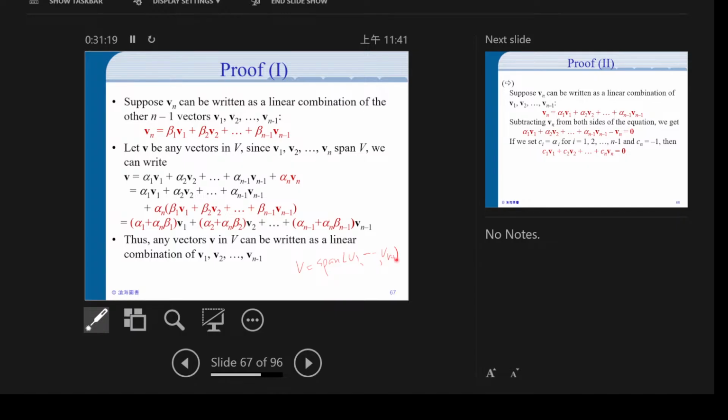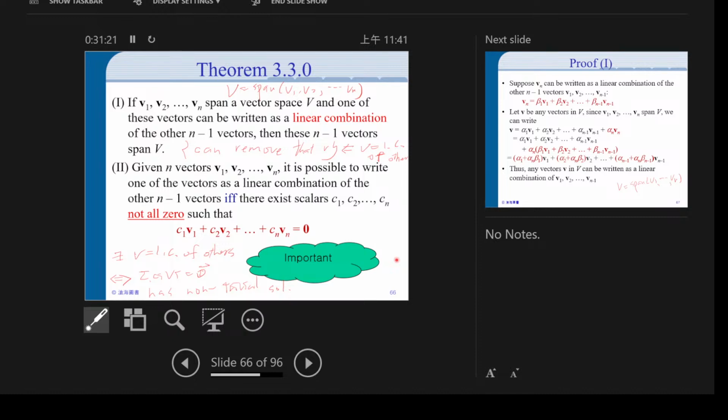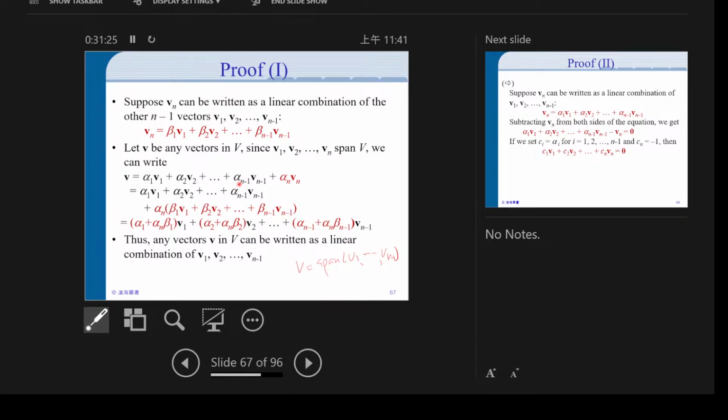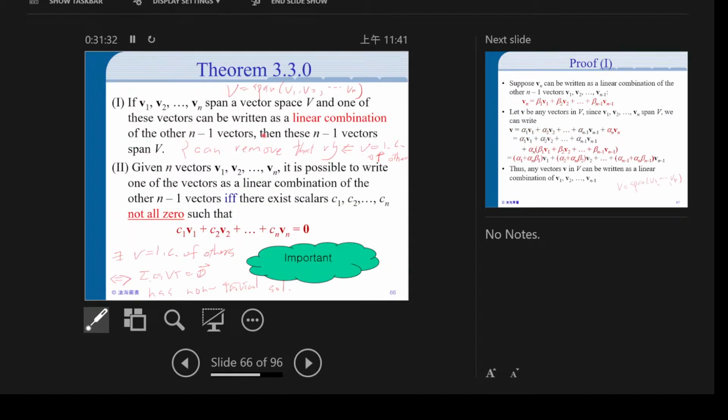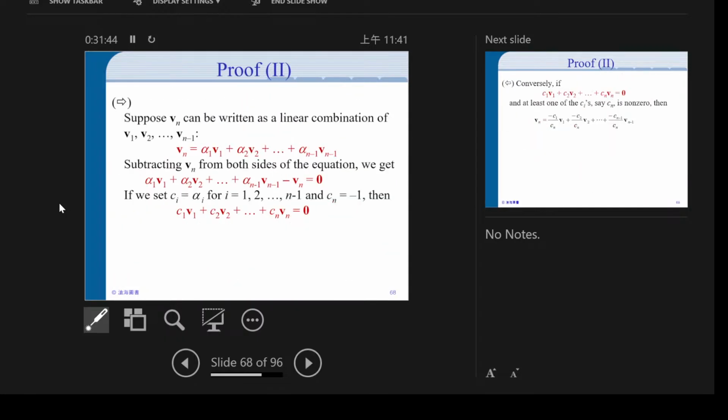Yeah, so this is the proof of 1. If you have a linear dependence, then you can remove one V. Yeah, I guess here we didn't prove the other direction, but it's what it is. So you have a linear dependence, you can remove one, and then proof of 2.